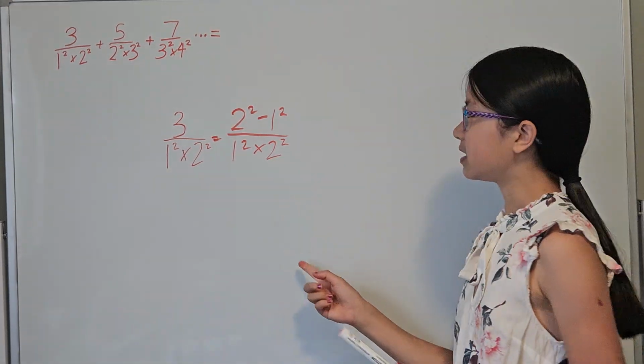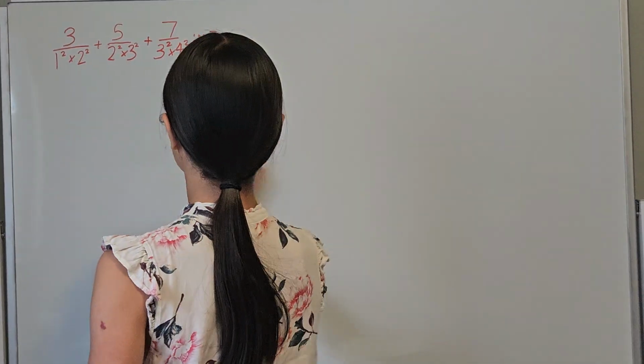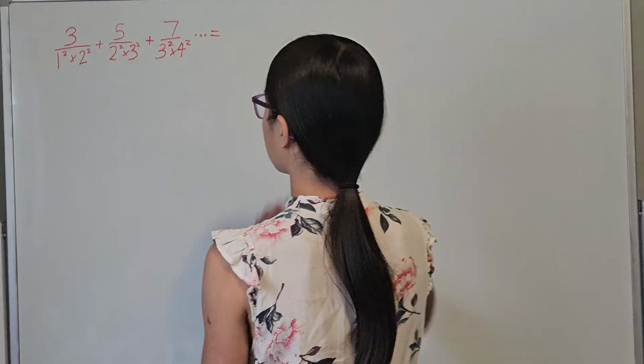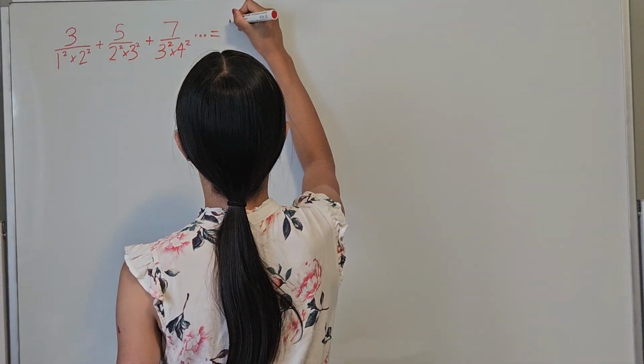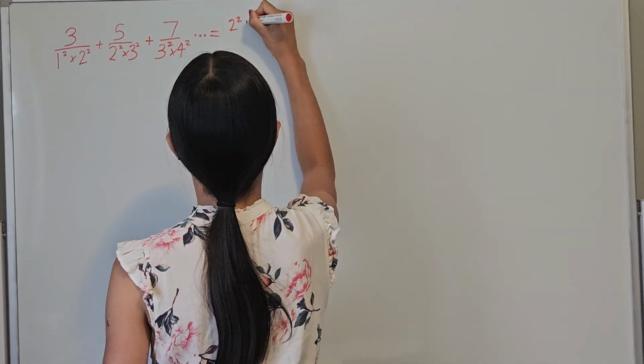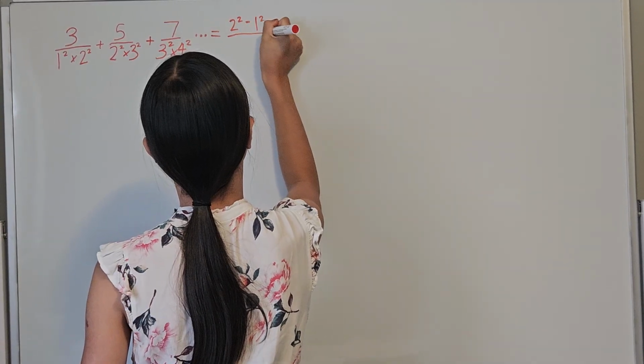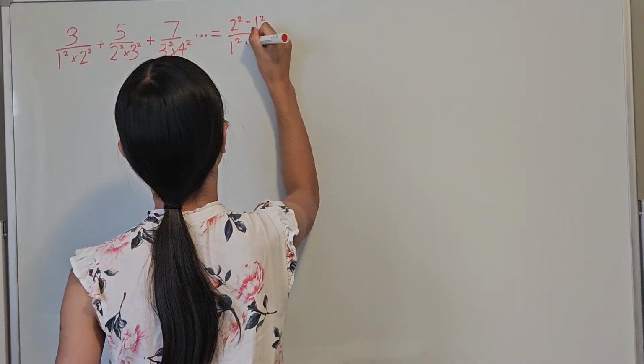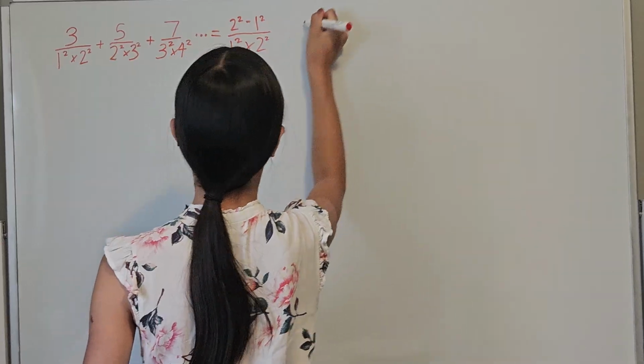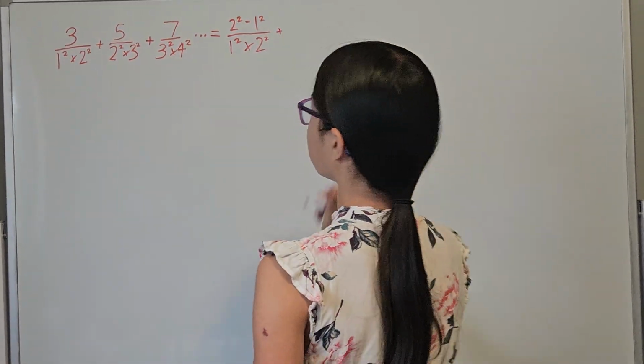So we could change it and write instead 2 squared minus 1 squared over 1 squared times 2 squared.